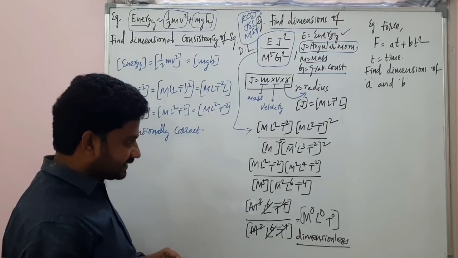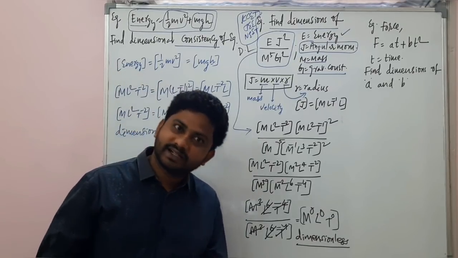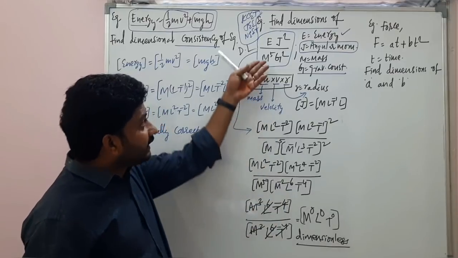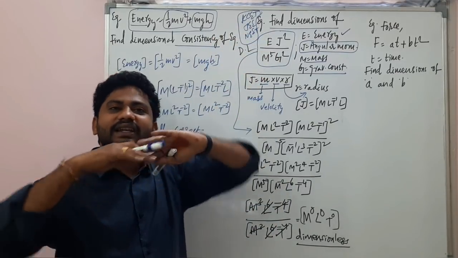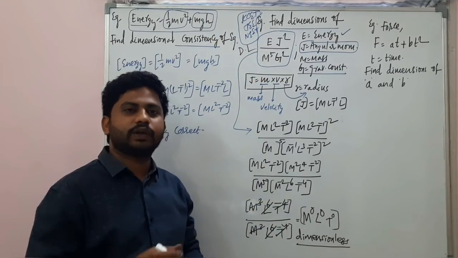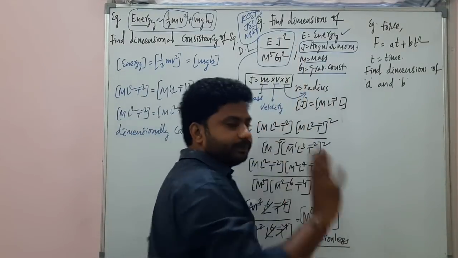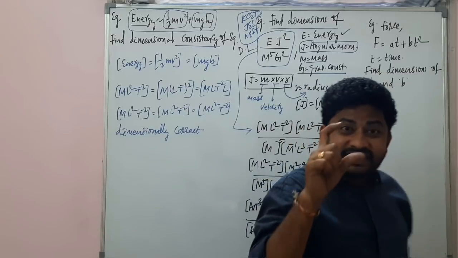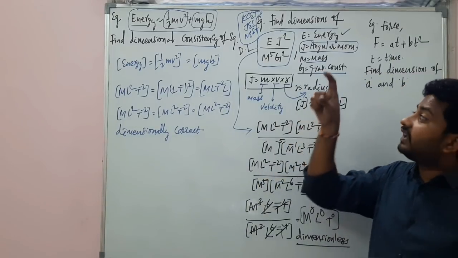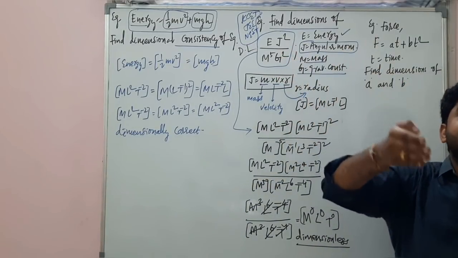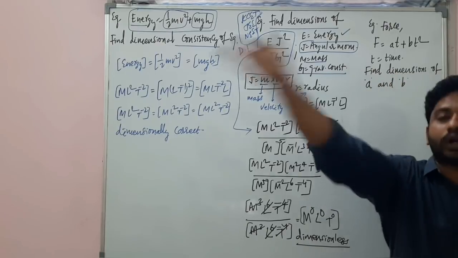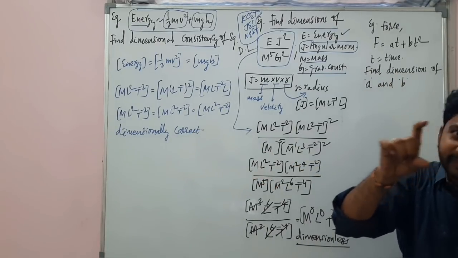My dear students, did you understand the concept? The given expression is dimensionless. The question can also be asked in this way: the dimensions of the given expression are equal to the dimensions of what? In the options it will be there.